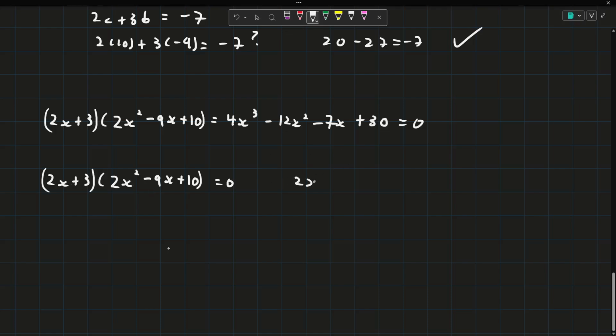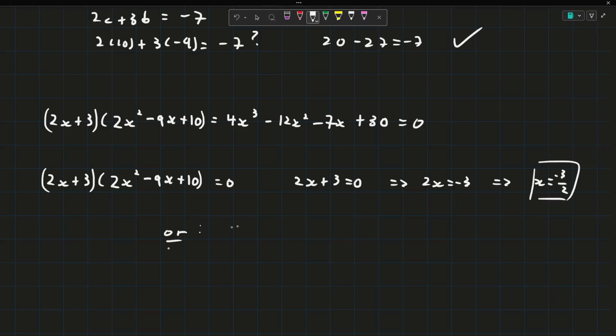So either 2x plus 3 equals 0, which implies that 2x is equal to minus 3, which means that x is minus 3 over 2. That's our first answer. Or we have that 2x squared minus 9x plus 10 is equal to 0.